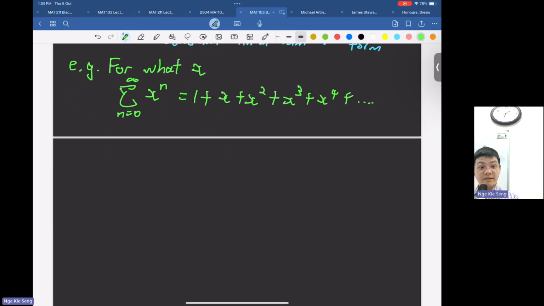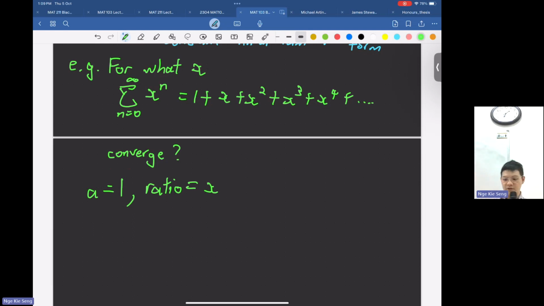What series is this? Geometric series, good. In a geometric series, what's the ratio in this case? x. Good, and the first term is 1.